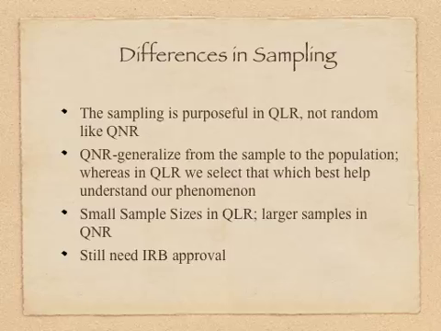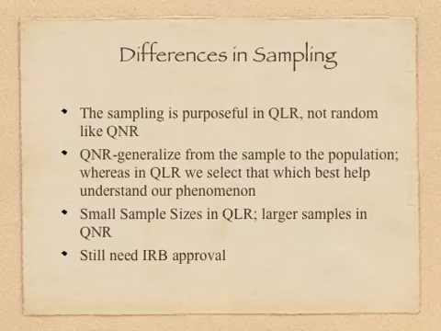Whereas in quantitative, if you're looking at numbers, you want to have a more random and larger sample. In quantitative, you generalize from the sample to the population. So you do your study, you gather all your data, and you apply that to the entire population. Whereas in qualitative, I'm selective. You're much more selective about the best way to help understand a specific phenomena.